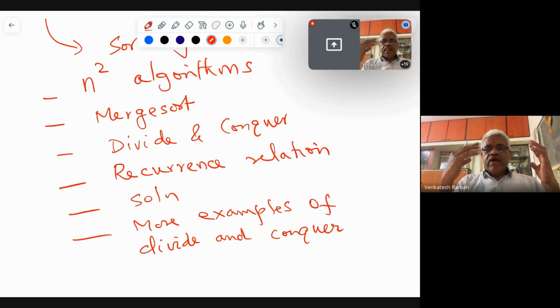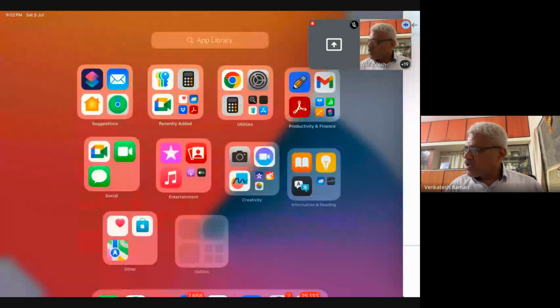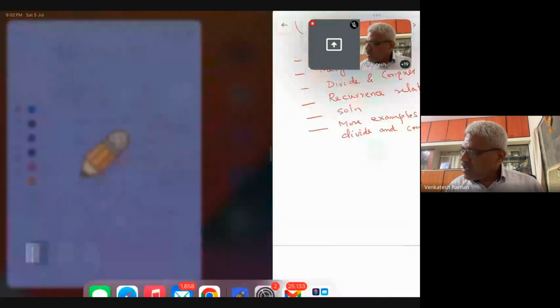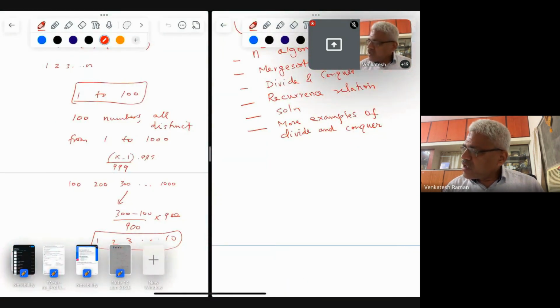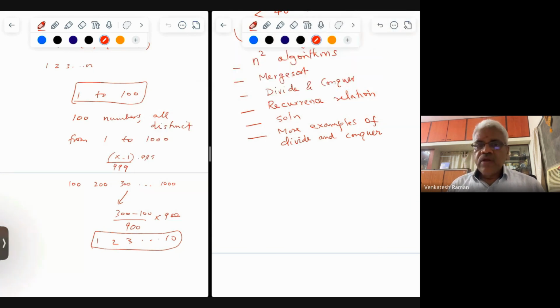So I'm saying when you start off with this very simple problem, convey this thing about n square and n log n, and immediately you can motivate them why sorting is an important problem, because you sort it, because you can search faster.